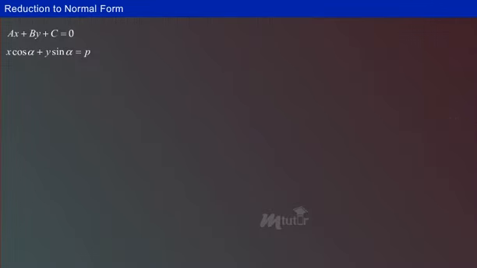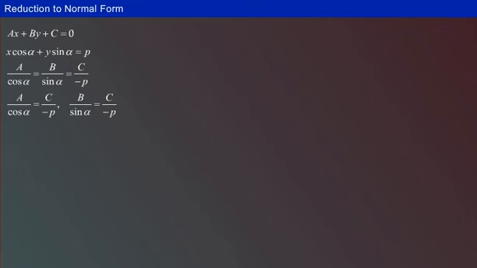If we compare both equations, we get a by cos alpha is equal to b by sin alpha is equal to c by minus p. Then, on equating the above terms, we get cos alpha is equal to minus ap by c and sin alpha is equal to minus bp by c.